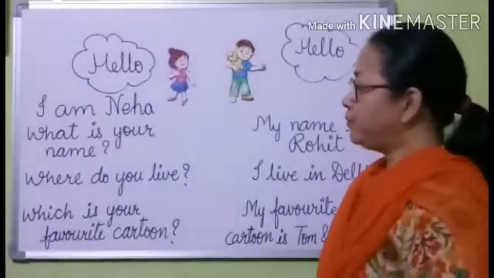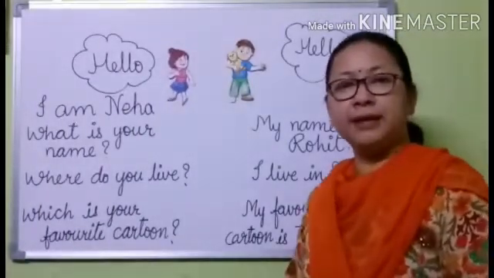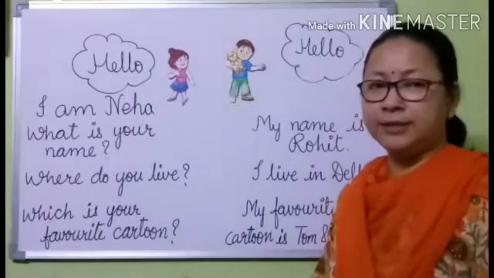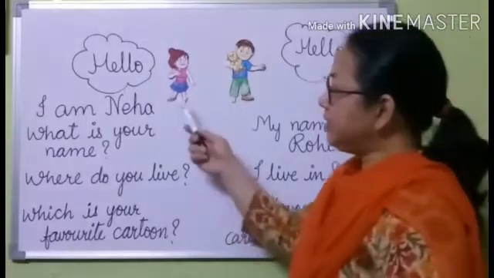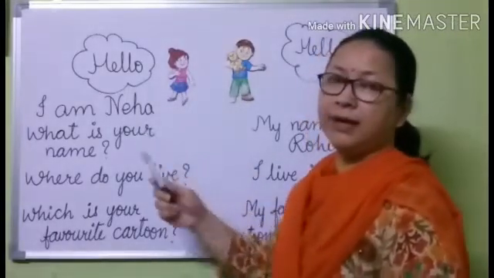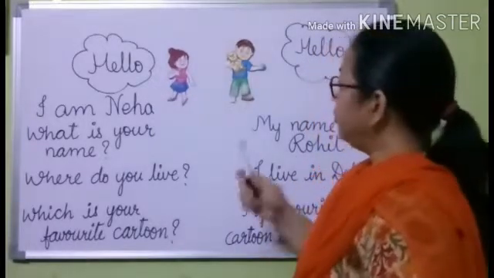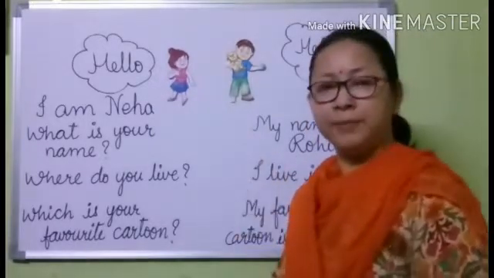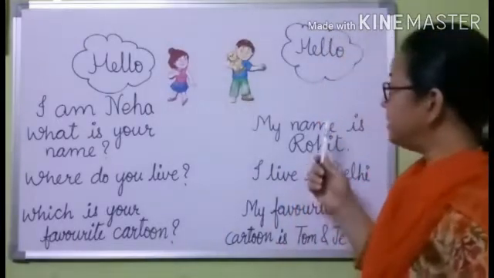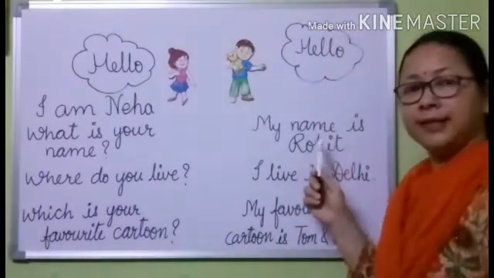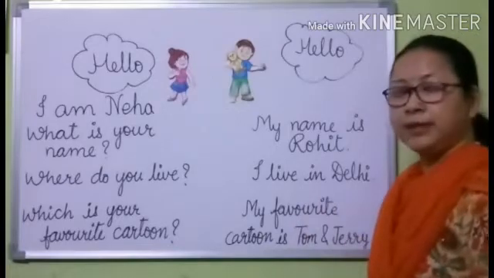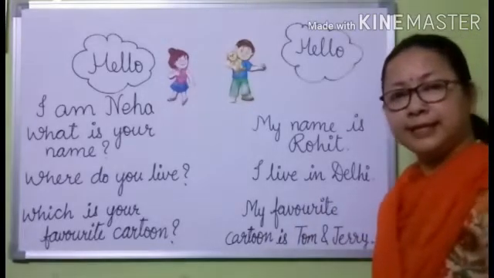Children, do you observe the sentences said by Neha and Rohit? Sentences said by Neha are the asking sentences. She is asking Rohit about him. And the sentences said by Rohit are the telling sentences.